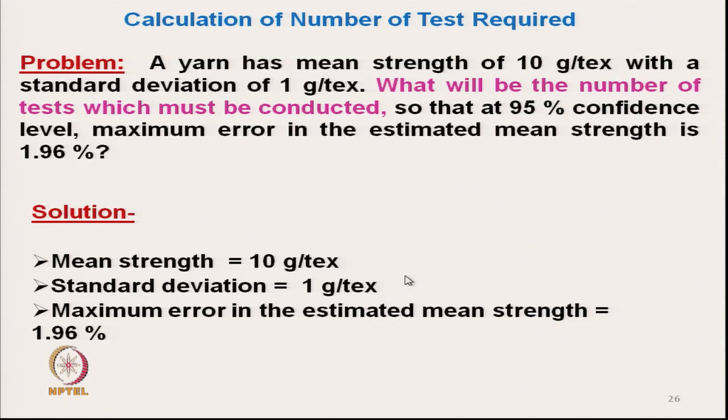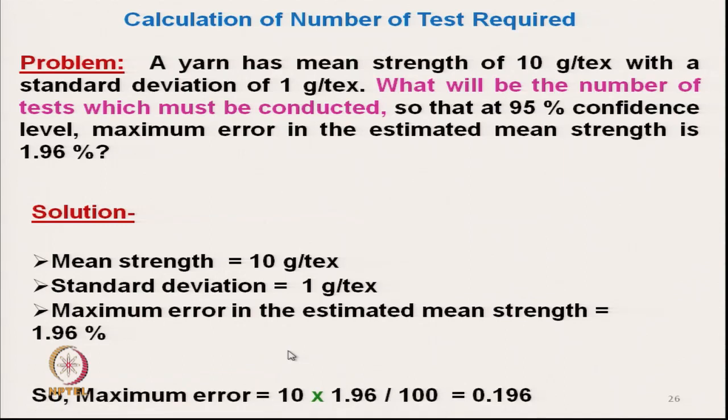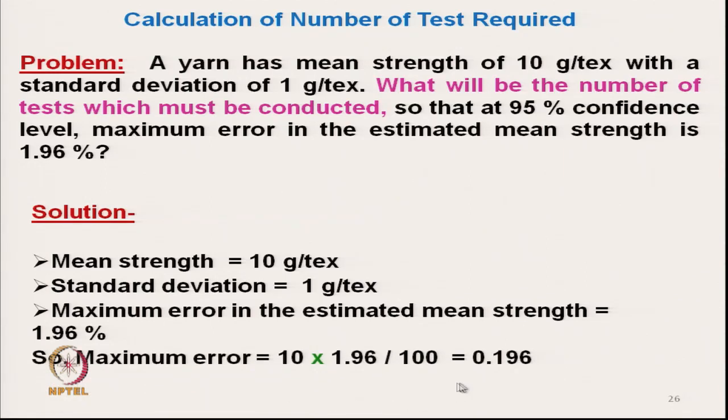So, in that case we have to convert it into terms of value. So, 1.96% of 10, what is that? It is 0.196. 0.196 is the maximum limit that is allowable.